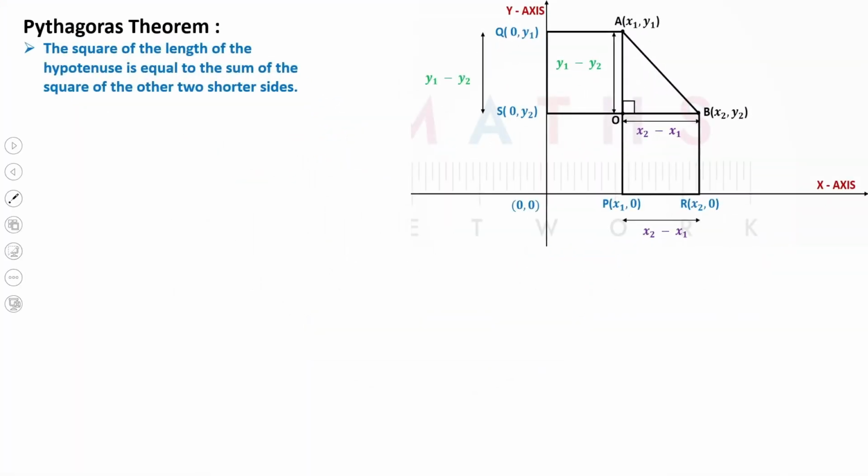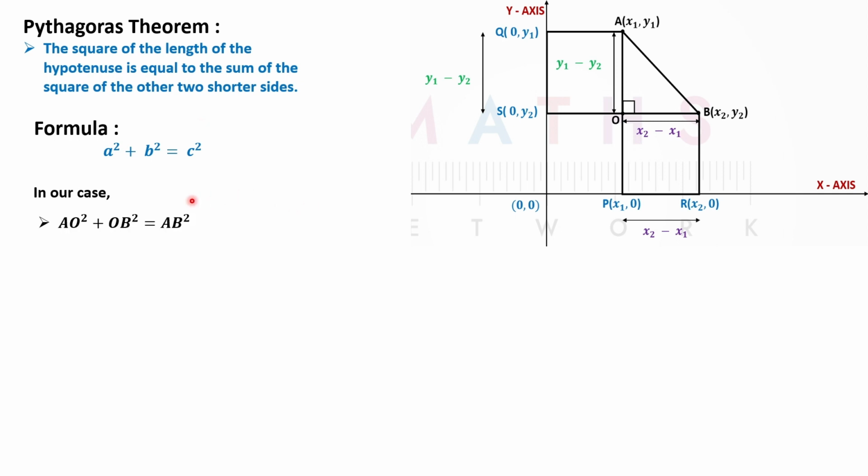Now guys, mathematically we can represent the Pythagoras theorem as a square plus b square equals c square. So in our case, we will have AO square plus OB square equals AB square. Now we put in the values. The value for AO is y1 minus y2 and OB is x2 minus x1.